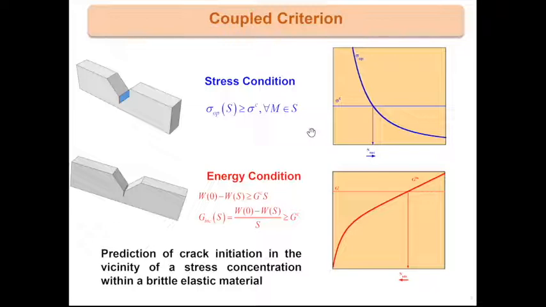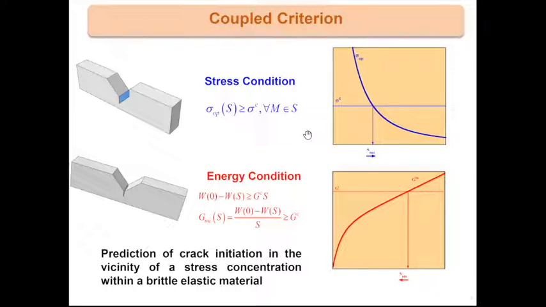The stress condition simply states that along the anticipated crack path, the normal opening stress should be greater than the strength of the material. This is the stress condition. If you plot the stress versus the crack length, you obtain a decreasing curve, of course.